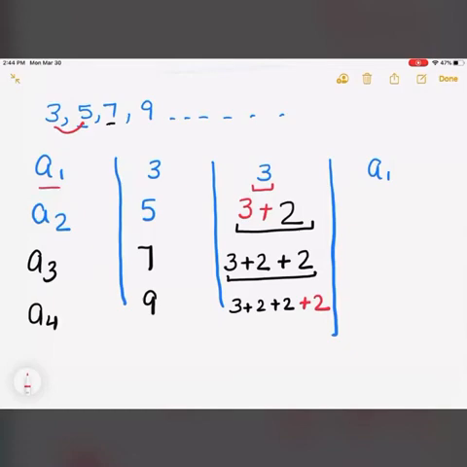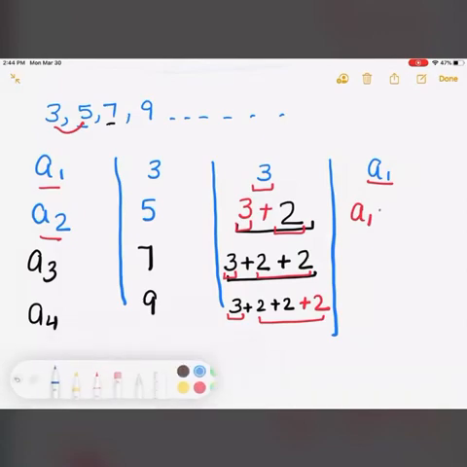Now let's try discovering this pattern. For the first term, it would stay the same. This first term stays the same in every single term, but what's different is the number of differences in there. My second term still has this first term in it, along with one difference.